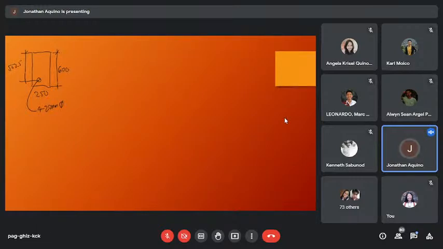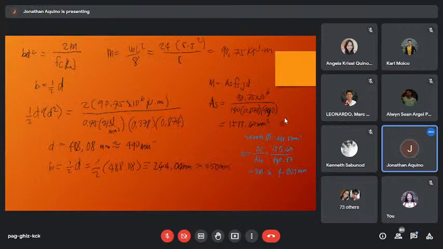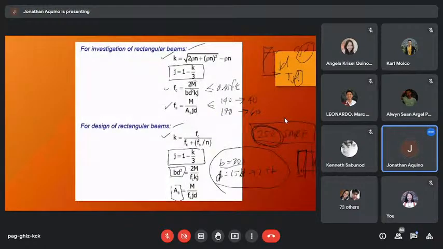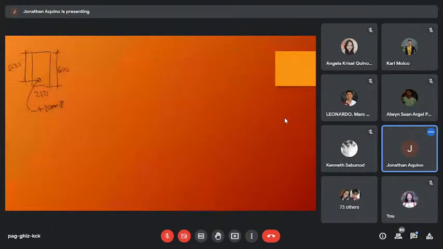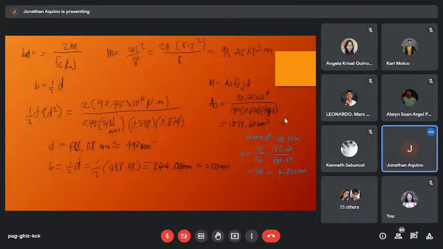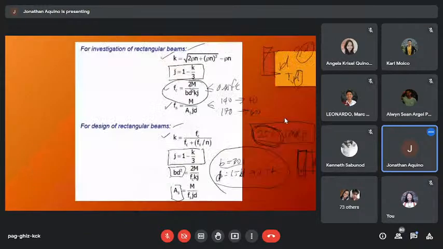So first, in determining the moment capacity, of course, the moment capacity considering concrete, we have from this formula, MC is equal to 1/2 FC. Let's go back.